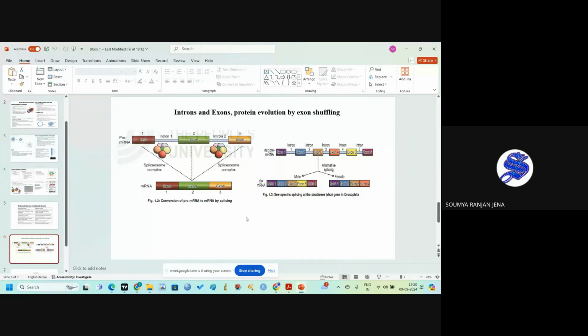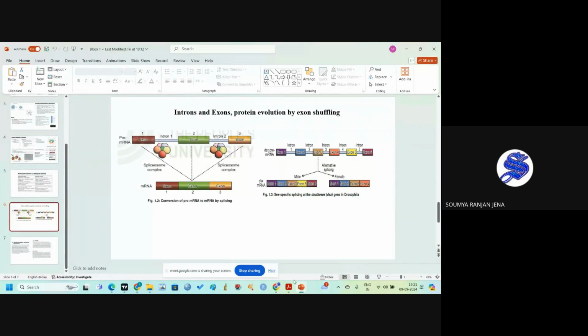If it crosses the basal level of 5, then we call it an overexpressed protein. If we find less than 5, then we call it underexpressed. Then we can describe underexpressed or overexpressed proteins by these proteomic analysis techniques.